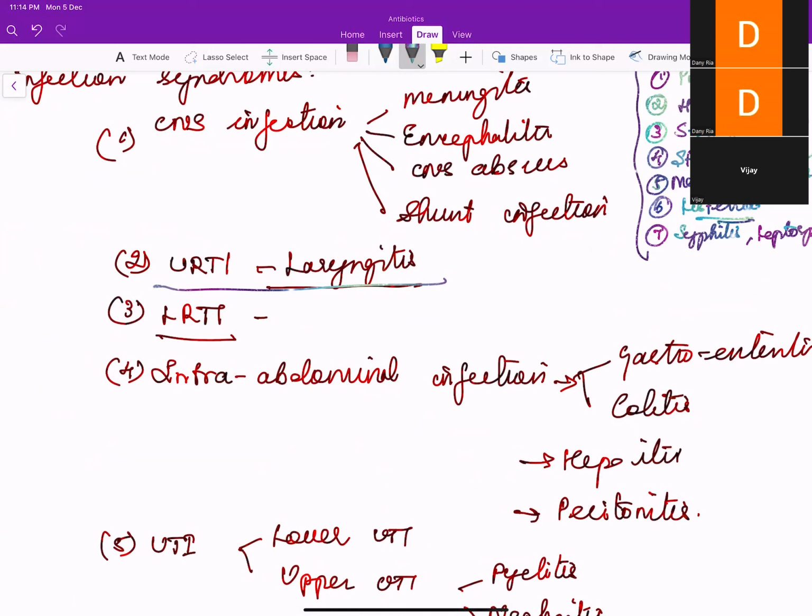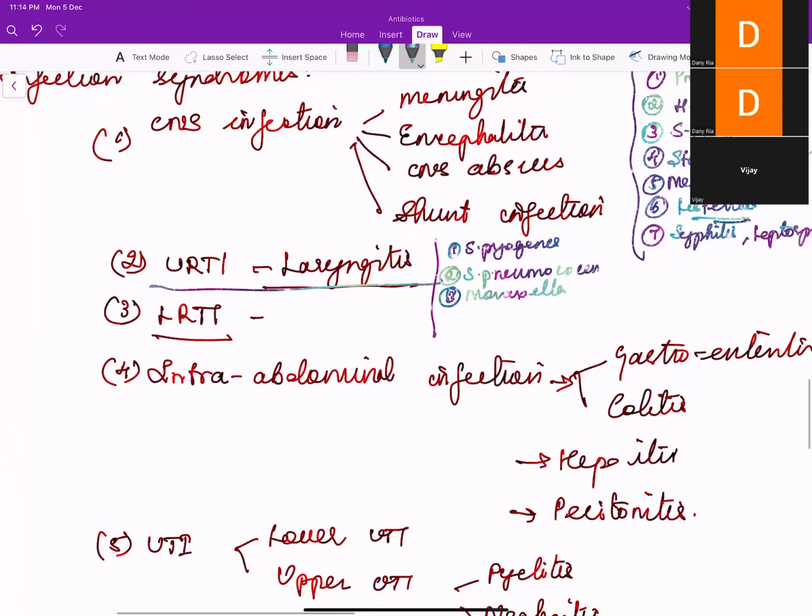So Staphylococcus, less likely. Streptococcus can cause respiratory tract infection: Streptococcus pneumoniae, pyogenes. Moraxella can cause it. I gave you three typical and three atypical organisms already.